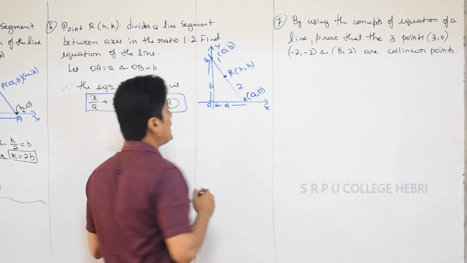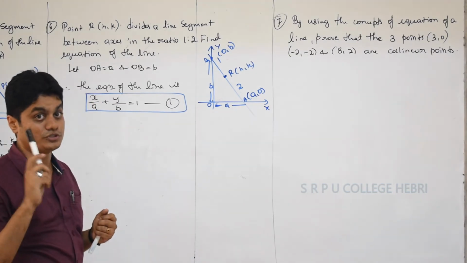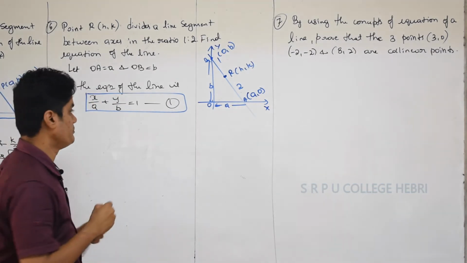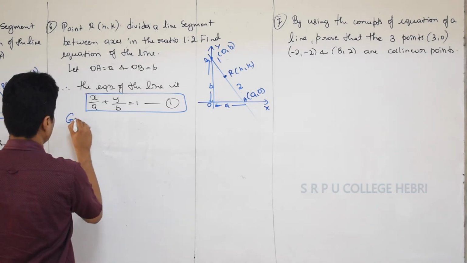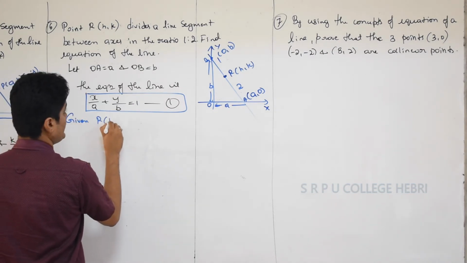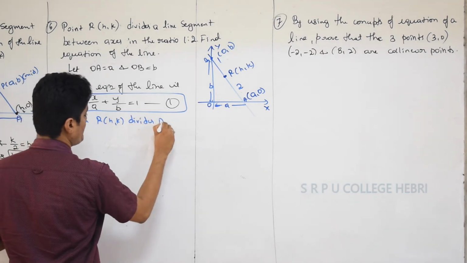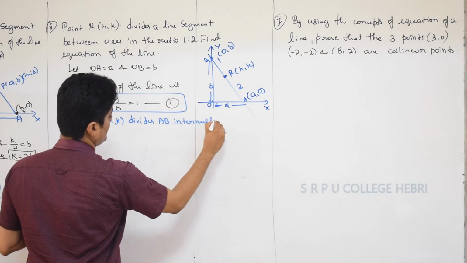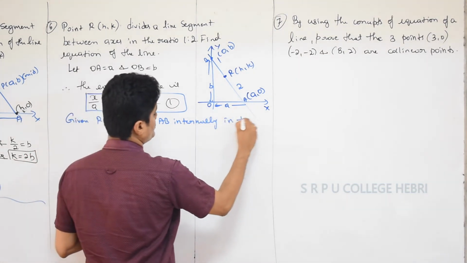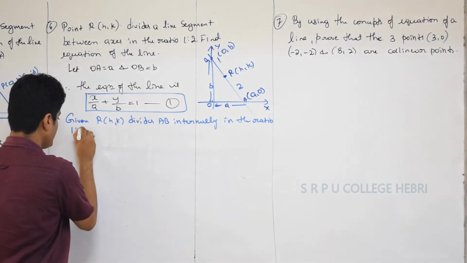And also you know R divides AB internally in the ratio 1:2. So you should use the section formula instead of the midpoint formula. It is given that R, that is h comma k, divides AB internally in the ratio 1:2.